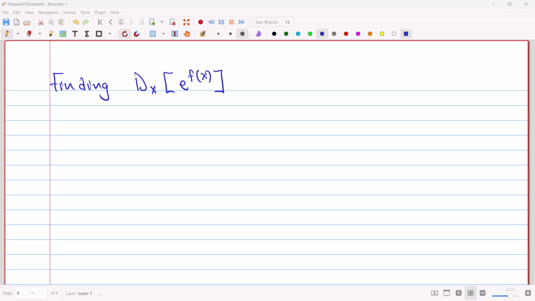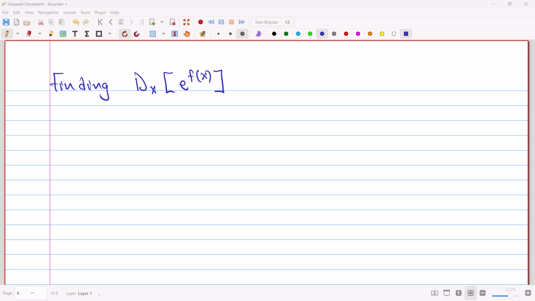Today we are going to continue with differentiation, and our main goal of today is to learn how to differentiate an exponential with the base e raised to some function f of x.